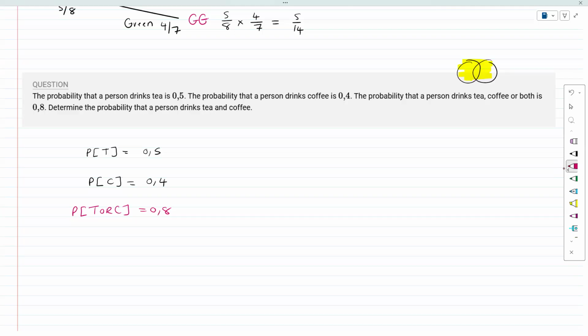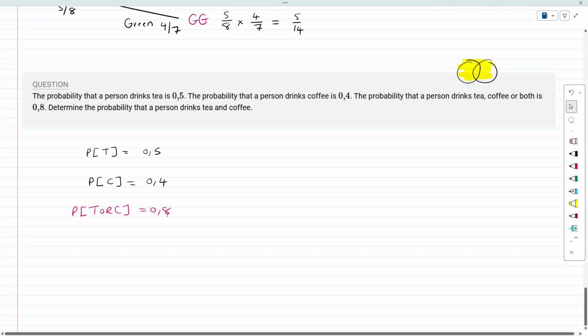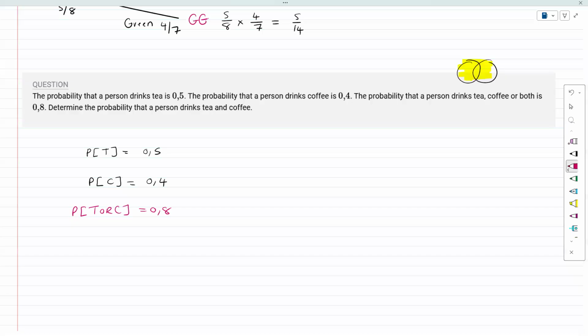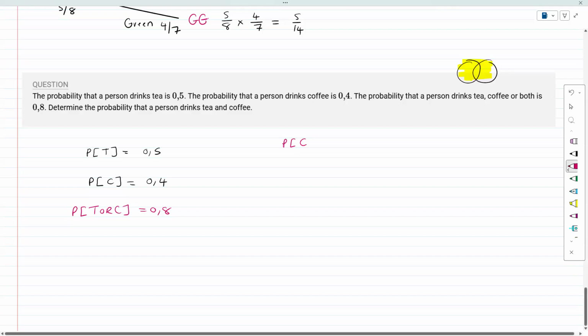Okay, we're fine. Let's go. It's a little bit complicated, but it's fine. I think we can solve this without complicating it. That's the probability of tea or coffee. I put coffee or tea, doesn't matter.